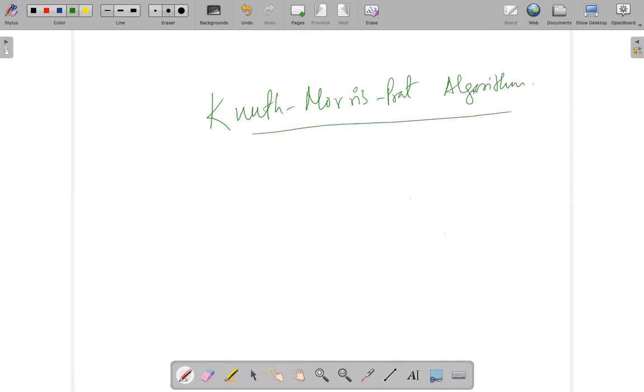So it is one of the best known linear time exact pattern match algorithms.